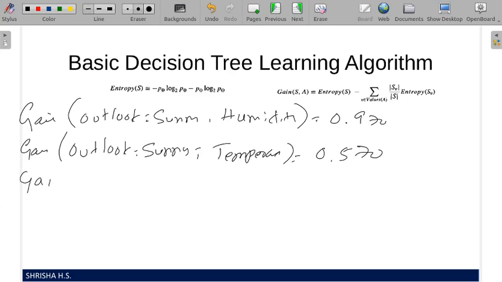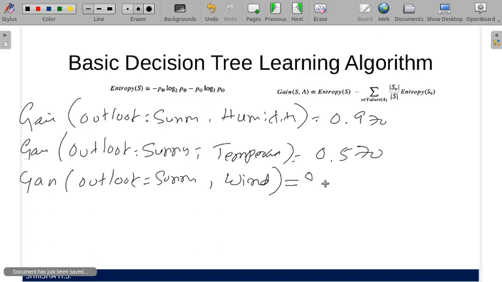Gain where outlook is sunny with respect to wind, we calculated as 0.0192. Which has the highest information gain? Humidity has the highest information gain, and that is the one we will select.